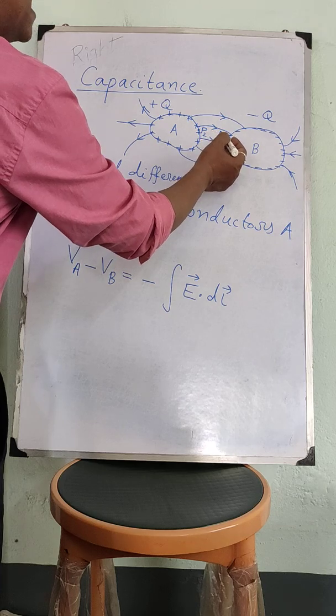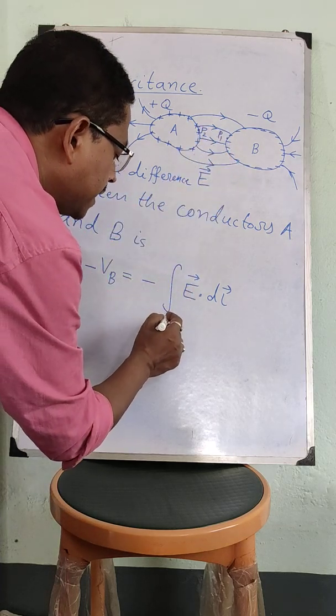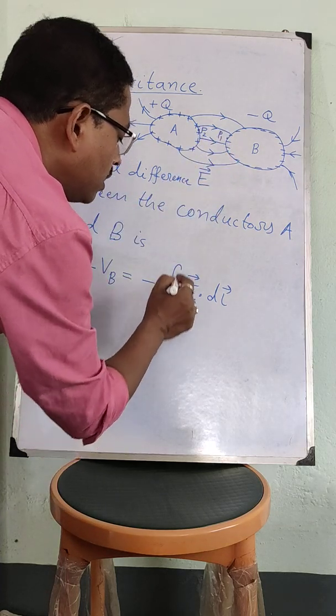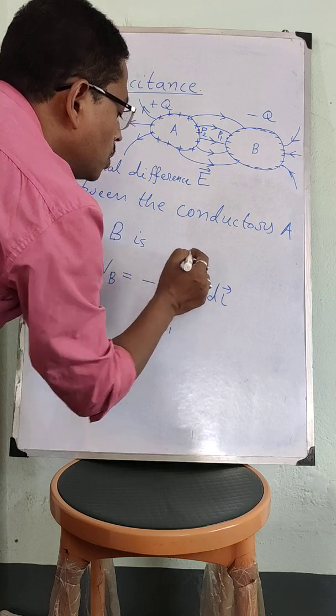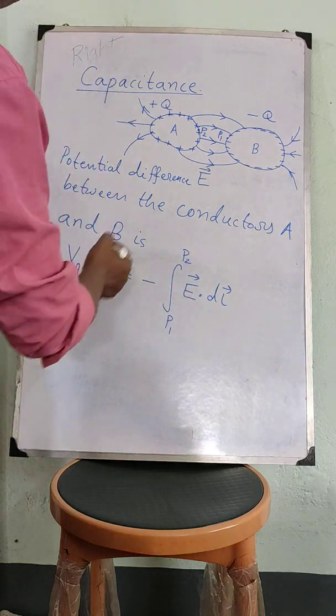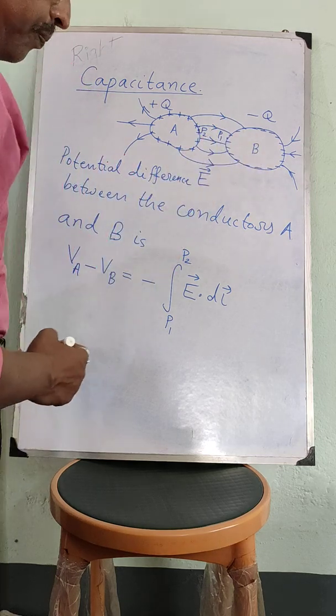Okay, so this line integration can be from P1 to P2. So this is the potential difference between conductor A and B.